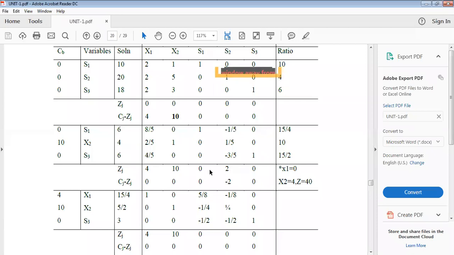Now Cj minus Zj you have to find out, and so there is a 4 and 10 are there, and you got this particular thing, Zj, as 4 and 10. 4 minus 4 you are going to get 0. 10 minus 10 you are going to get 0, and similarly 0 minus 2 you are going to get minus 2, and this is nothing but the 0.